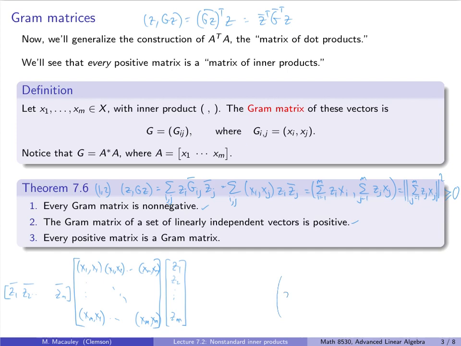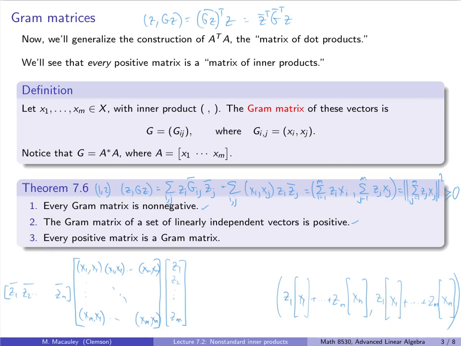So this is z1 x1 plus ... zm xm, the inner product of that with itself. So z1 x1 plus zm xm. And if I were to give you this and ask how you would evaluate it?